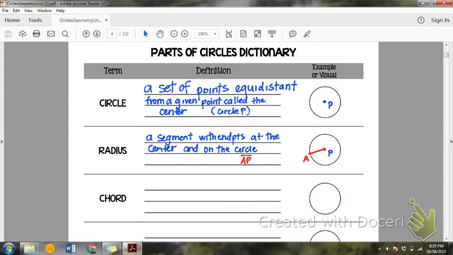Okay. The next thing is a chord. A chord is a segment with both endpoints on the circle.